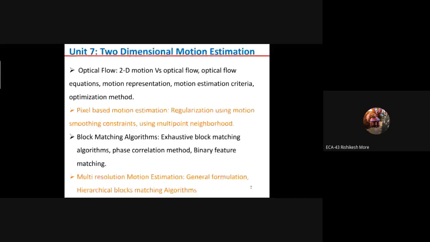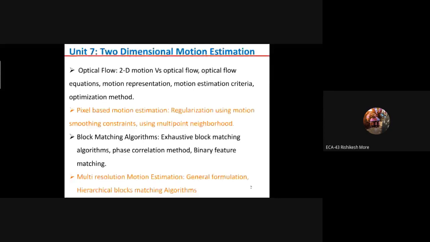Now, what is motion? How can we estimate motion? What are the different algorithms? That we have to study in unit number 7. So this is the syllabus for unit number 7. In unit number 7, we have to study optical flow.